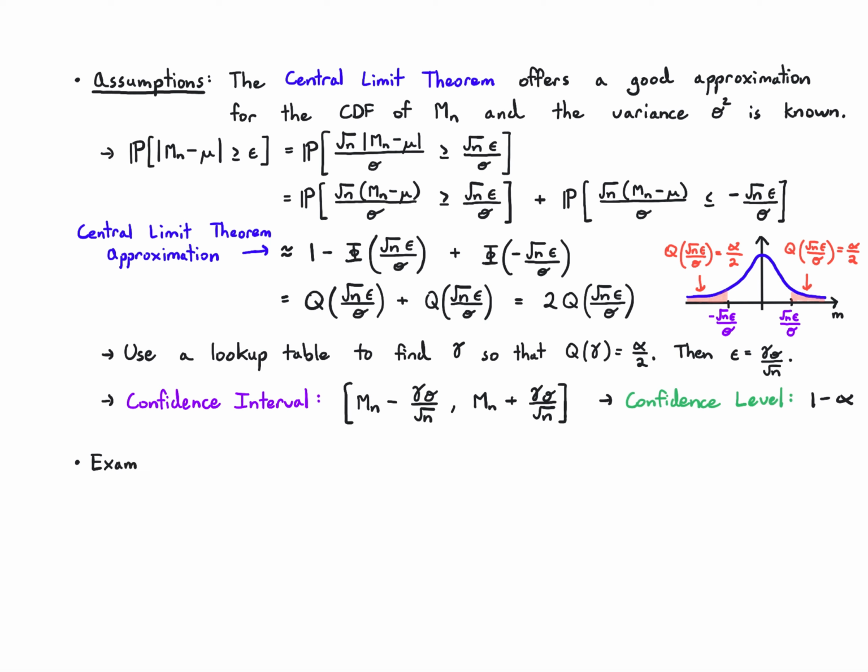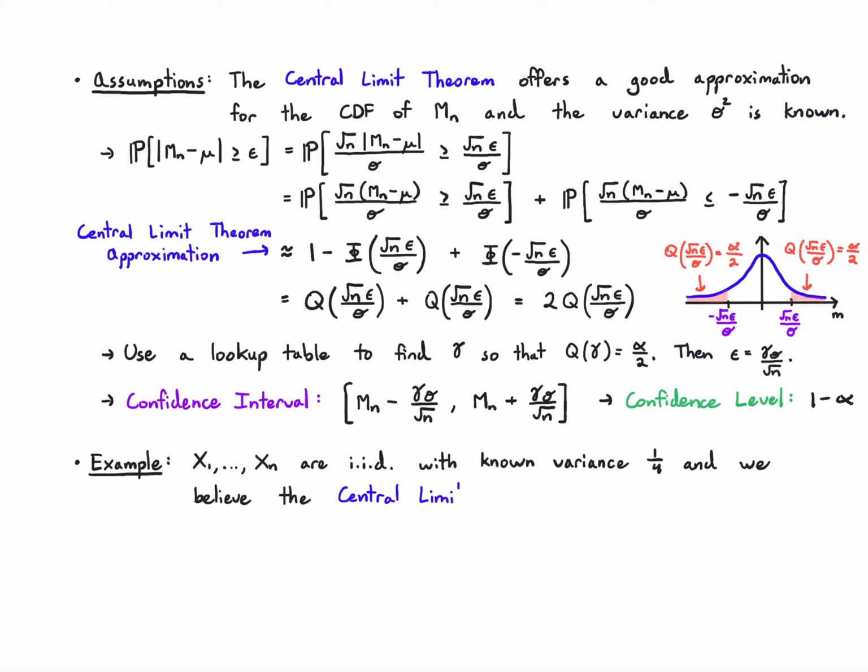We're basically going to repeat what we were doing in the previous example, but now I'm going to add this assumption. I have x1 through xn, and I believe that they're IID with known variance 1/4. I also now believe that it's a good idea to use the central limit theorem approximation, so my sample mean is in a regime where its CDF basically looks Gaussian. That happens once n gets large enough, so that's reasonable.